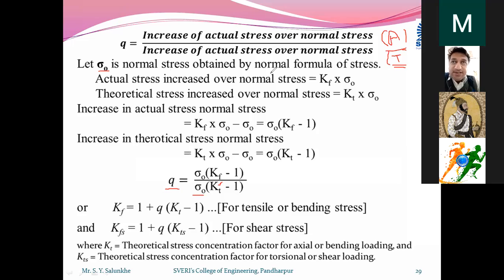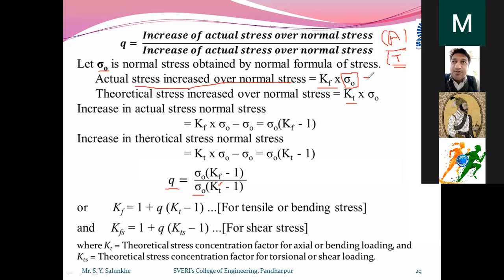Then the actual stress increased over the normal stress will be Kf, where Kf is the stress concentration factor in actual condition, and Kt is the theoretical stress concentration factor. If you multiply this stress concentration factor with the normal stress, then we can get the actual stress increased over the normal stress. How do you calculate Kf?